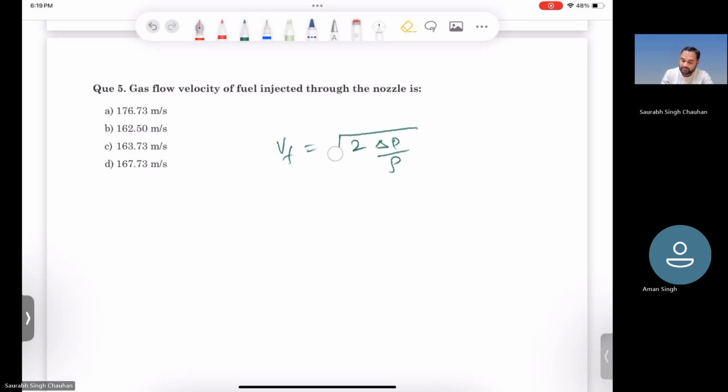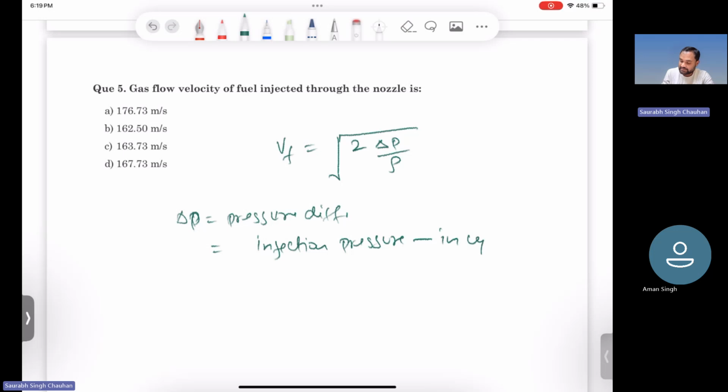This has been discussed in the lecture. Delta P is the pressure difference, which means injection pressure minus in-cylinder pressure.